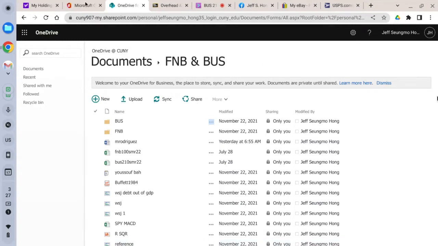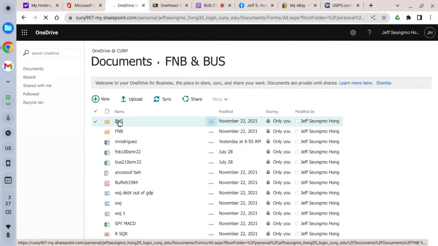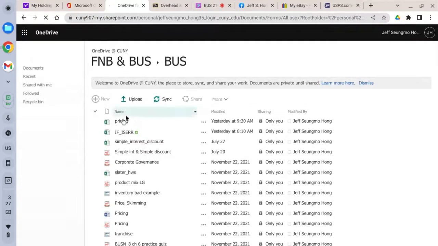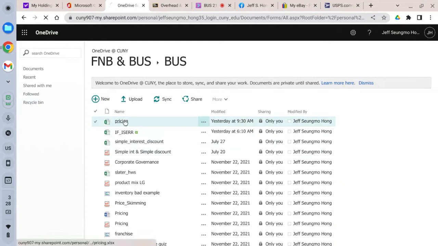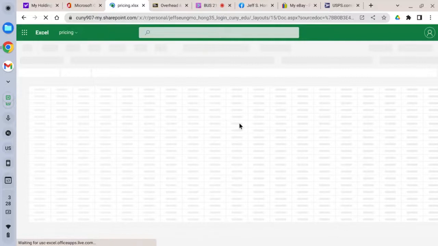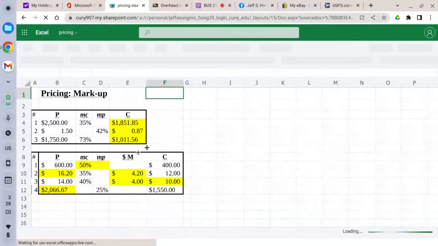I better just close it and use, if possible, open it from. Now it's working. Okay. All right, I got it now. Oh, frozen again. All right, I'm there.